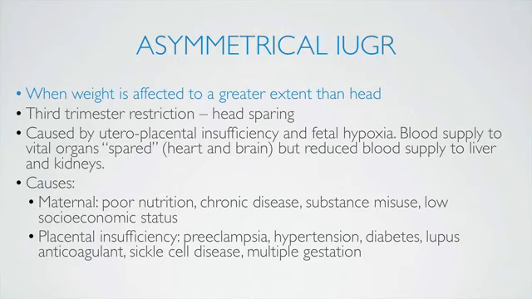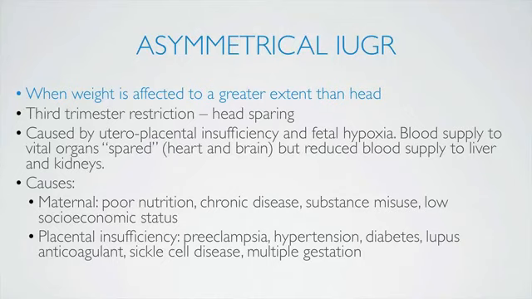The causes of this are third trimester restriction, so later on in pregnancy than symmetrical IUGR. The causes are many and include maternal causes, which would be poor nutrition, chronic disease like kidney disease, substance misuse, so alcohol, drug misuse, and generally low socioeconomic status, because that is associated with poor nutrition, chronic disease and substance misuse.